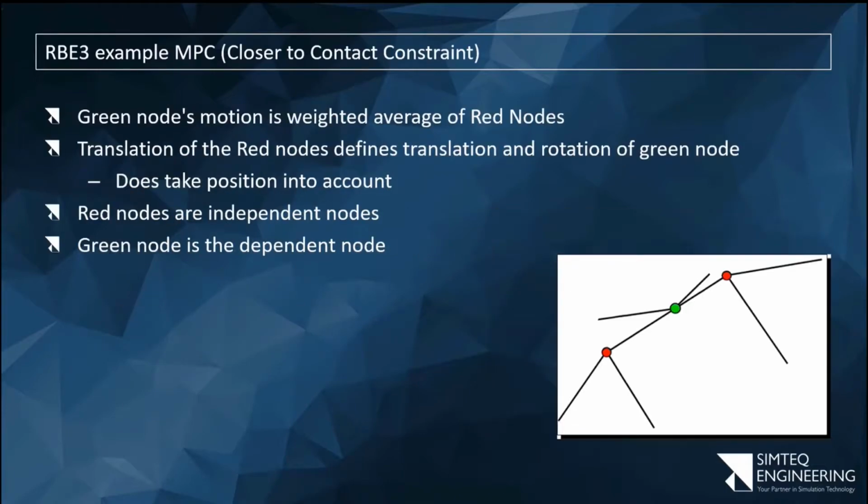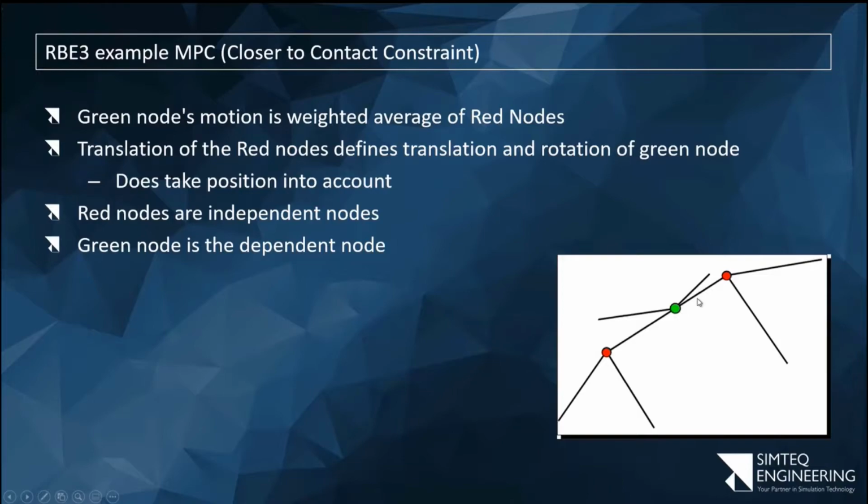The second example is the RB3, which is an averaging one. This is actually a useful one to consider because it's much closer to how the contact constraint equation works in Marc. So in this case, it's the opposite. This green one now is the slave or the dependent, meaning its motion depends on those two nodes. So it's simply an averaging one, but it takes into consideration locations and so on.